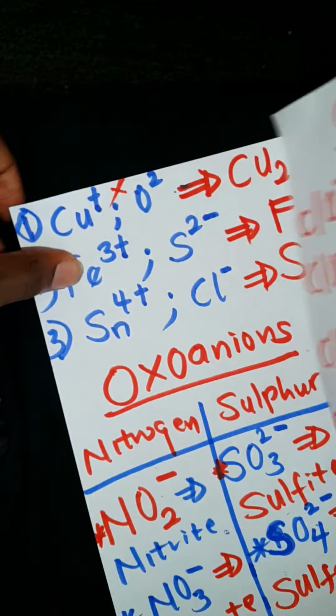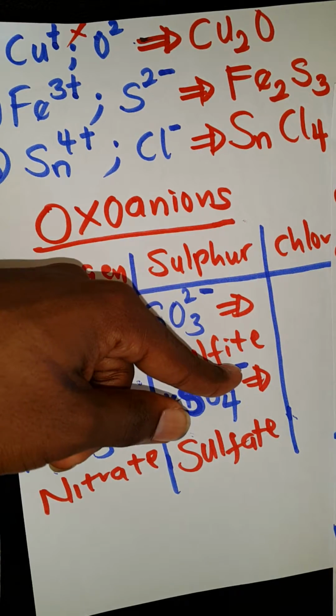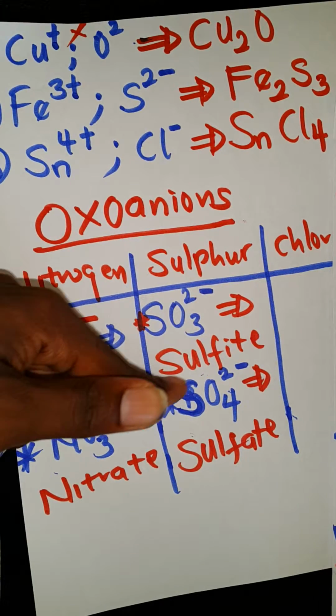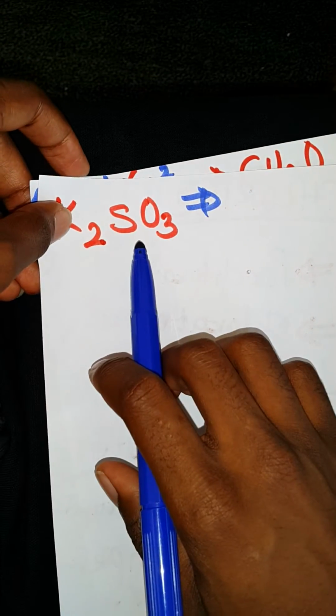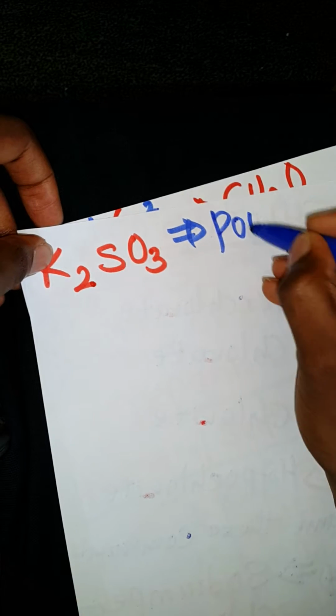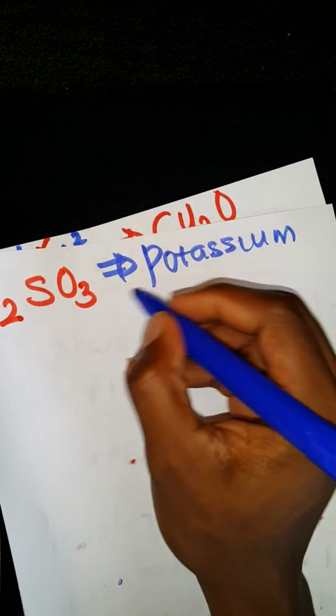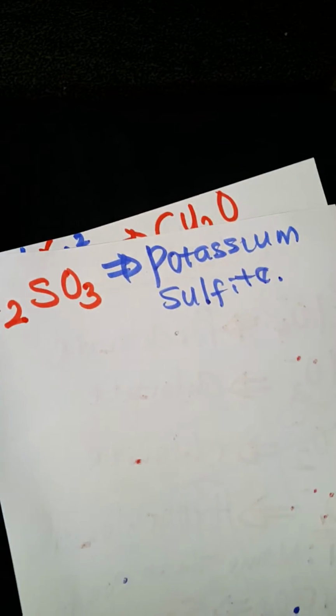Look at this place. We have SO3 here, which is sulfite. So just write potassium sulfite. As you can see, it's as simple as that.